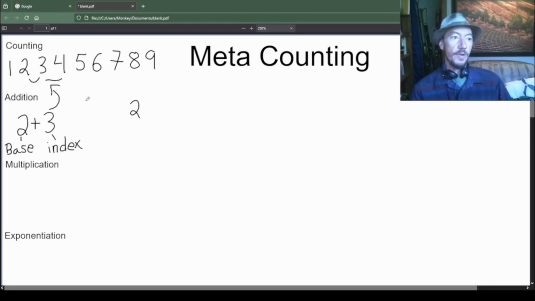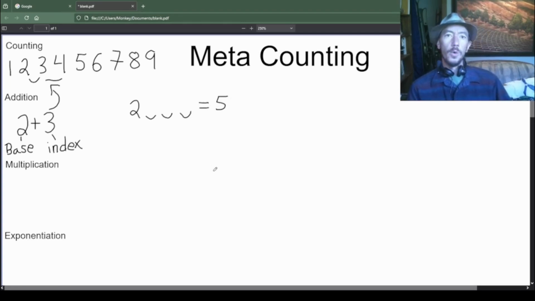So the previous operation is counting. And though we don't have a good little symbol for counting, I'm just going to use this little U there, to say, okay, we count 3 times from 2. So 2 counting once gets to 3, counting twice, counting 3 times. 2, 3, 4, 5.